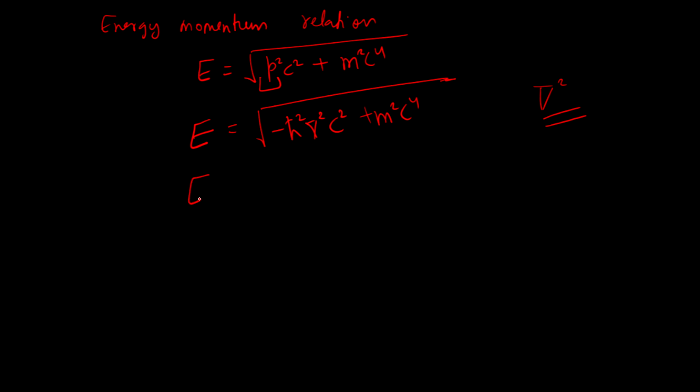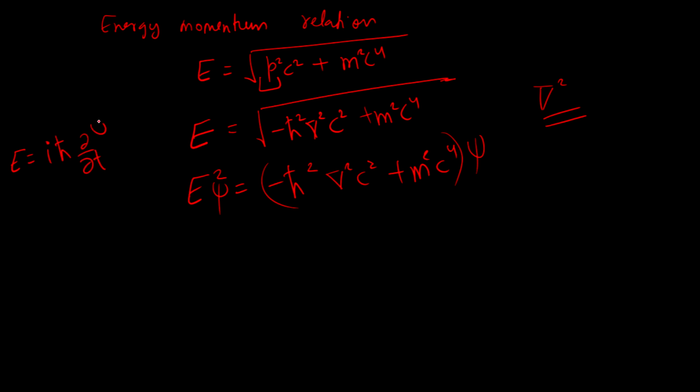So what we will be doing is just squaring this equation. So I get ħ²∇²c² plus m²c⁴, and this acts on psi basically. Okay. Now what is E²? We know that E = iħ ∂/∂t acting on psi.